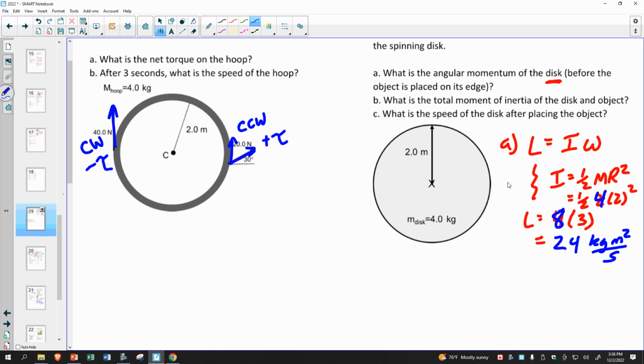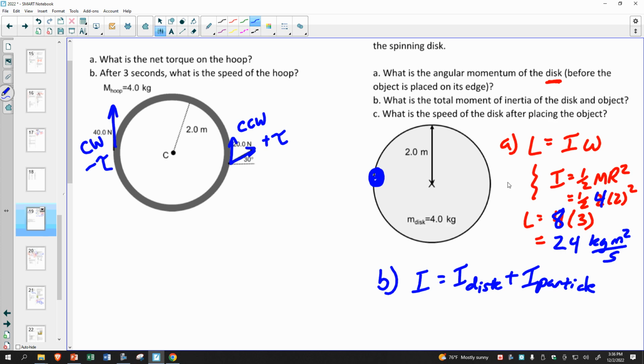But then I put this object on the edge of this disk, and I want to know the total moment of inertia. That's going to be equal to I of the disk plus I of the particle, and I'm dealing with a particle here.